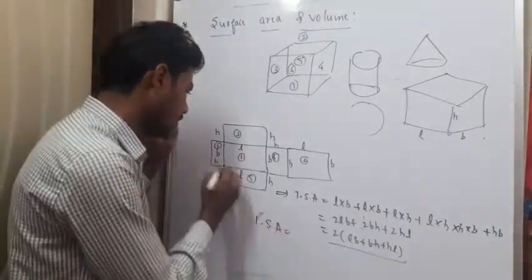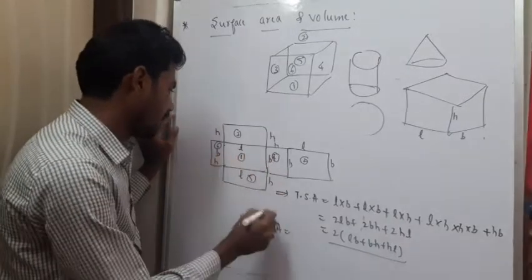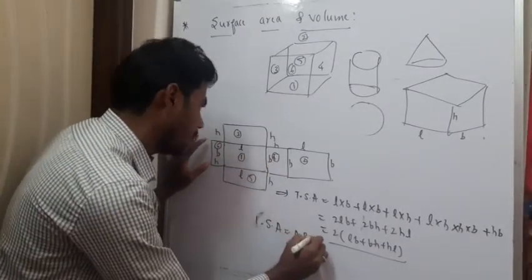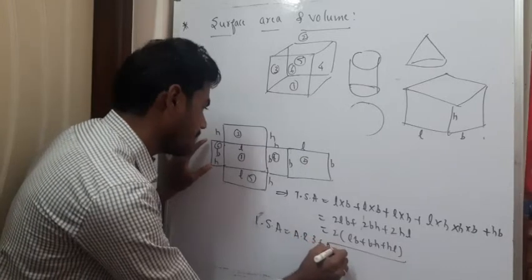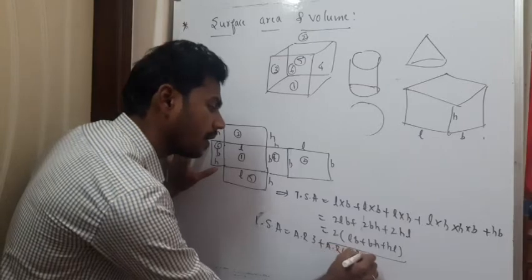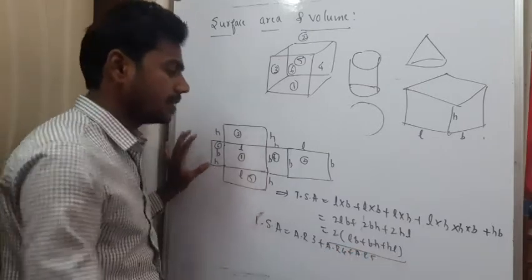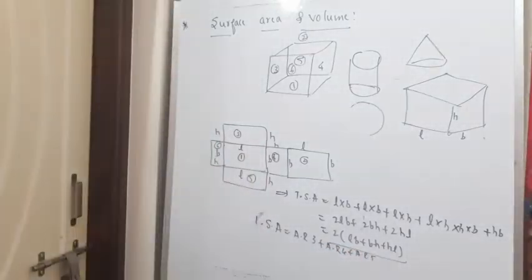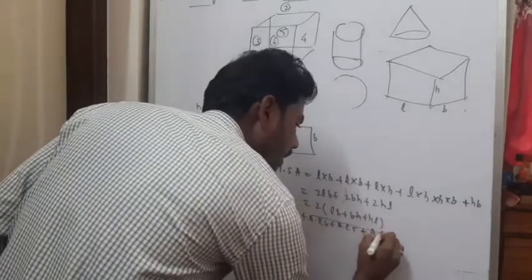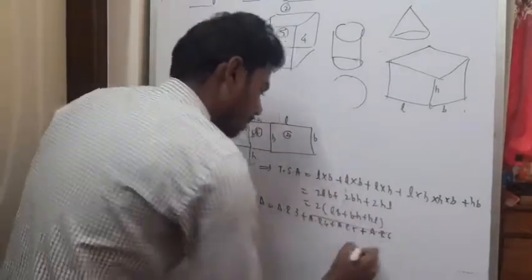So here, this is area of rectangle 3 plus area of rectangle 4 plus area of rectangle 5 plus area of rectangle 6. Then what will we get?